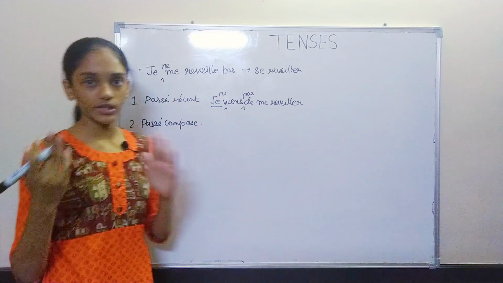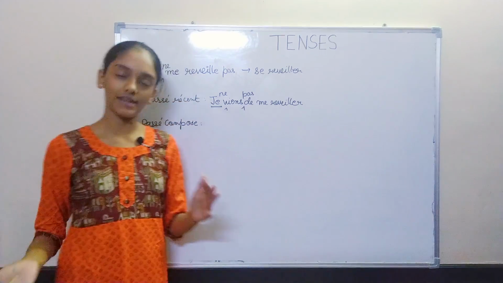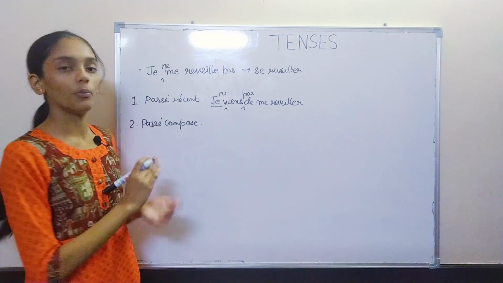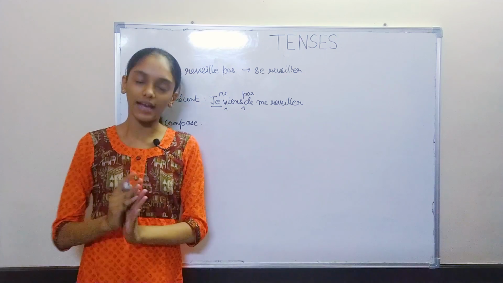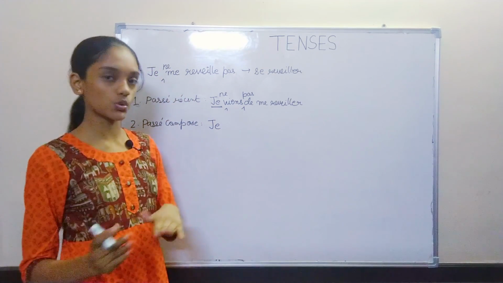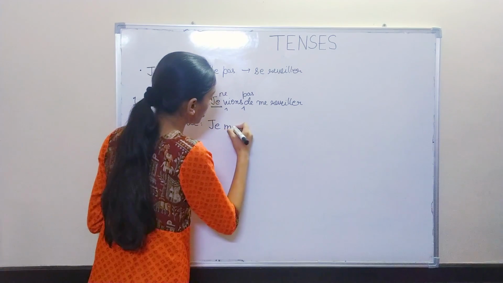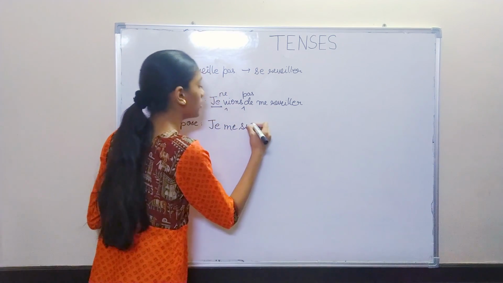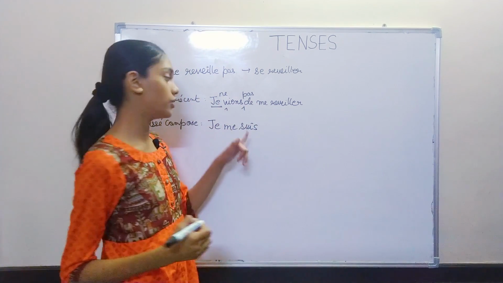So in Passé Composé, again we use avoir and être. But with pronominal verbs, we'll always use être. So it's je me suis. The reflexive pronoun will come first, then the conjugation of être.